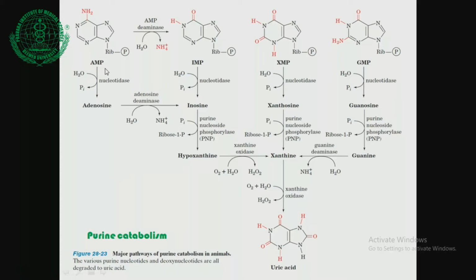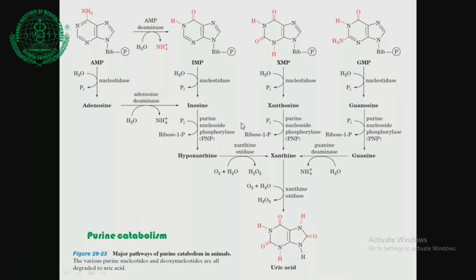Here it is adenosine monophosphate, inosine monophosphate, xanthine monophosphate, and guanosine monophosphate. They are hydrolyzed to their respective nucleosides through the action of nucleotidase, and these nucleosides are further hydrolyzed to give free purine bases such as hypoxanthine, xanthine, and guanine.